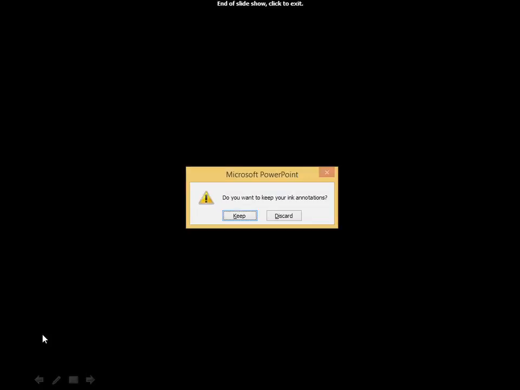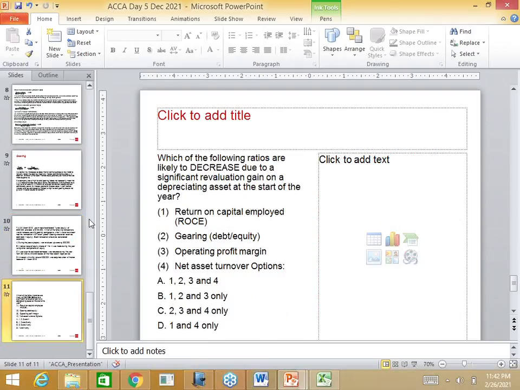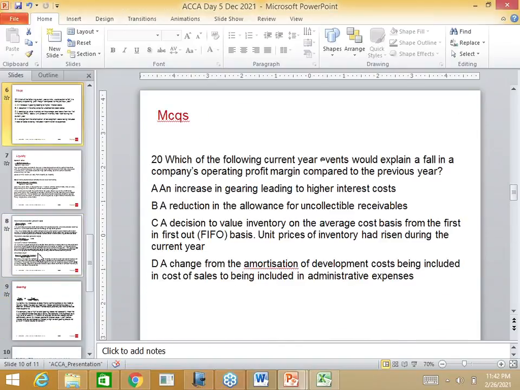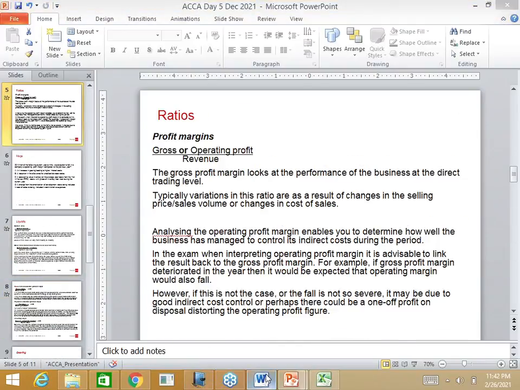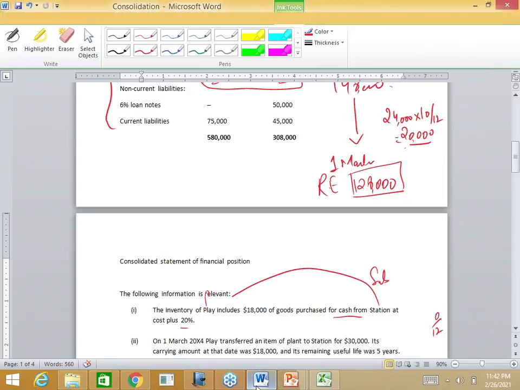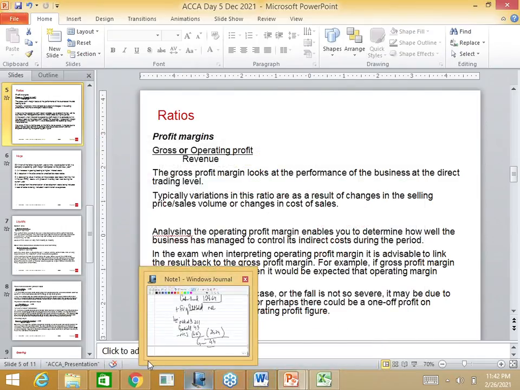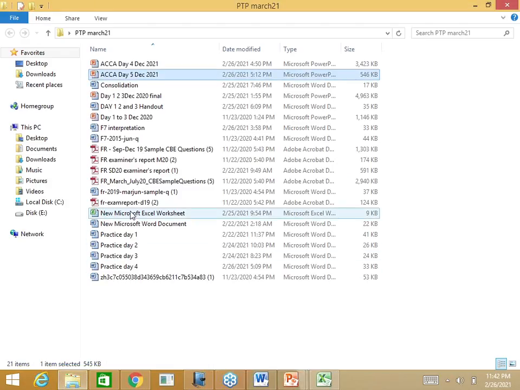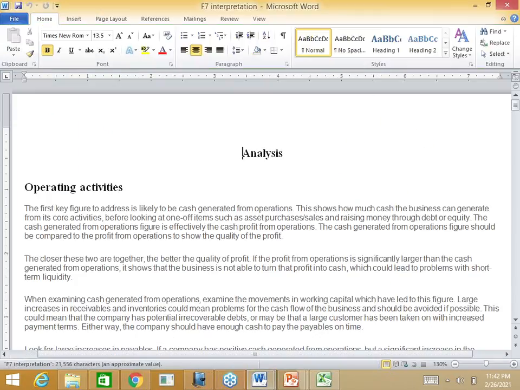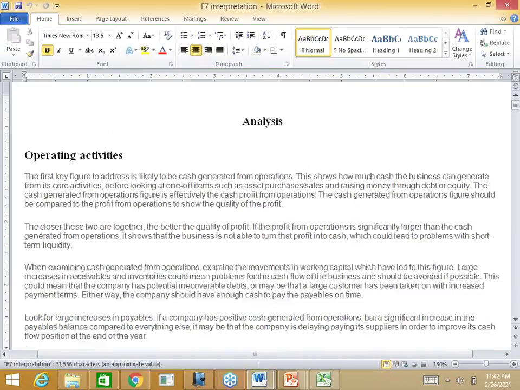So only if you include the hints with these comments, all you need to do is just read this article. That's one of the handouts that I have compiled. It's already mentioned in the handout section. That's the analysis area.